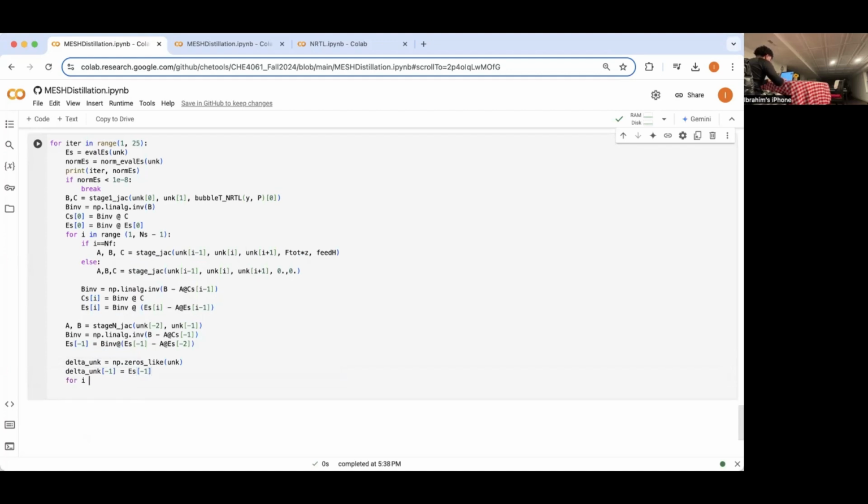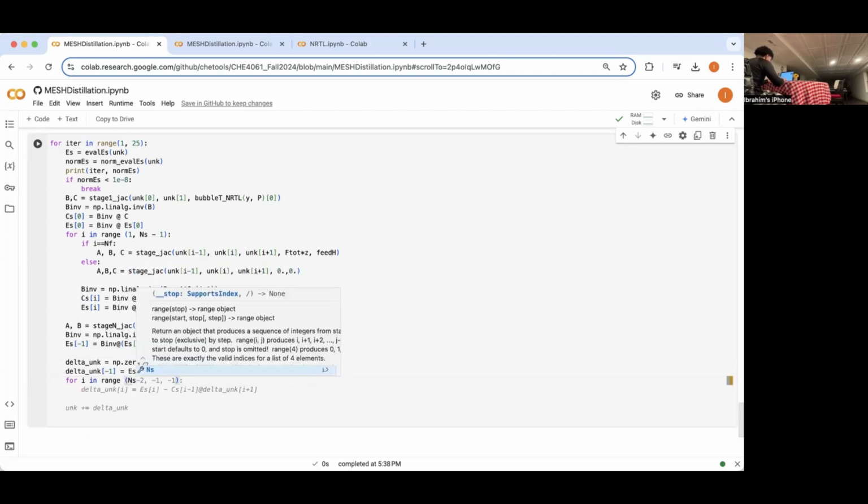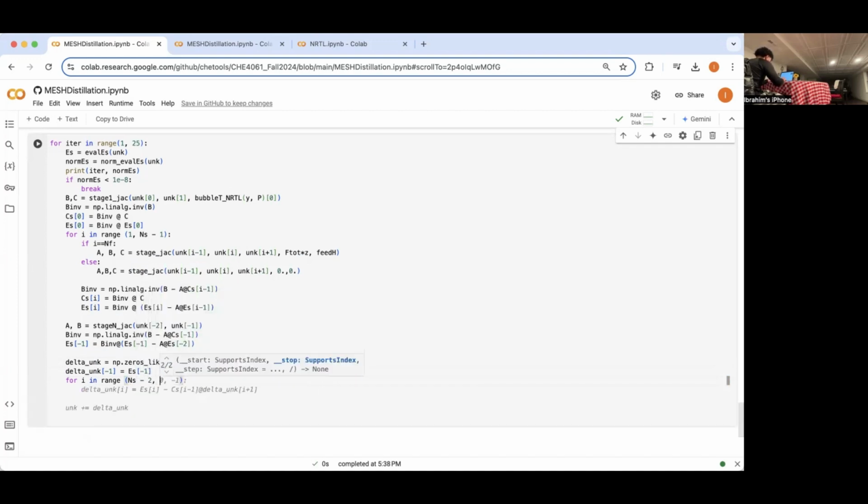And then go ahead and set a loop. So for i in range, our ns, number of stages, ns minus 2, and then ns minus 2, and then minus 1 and minus 1. Let's put a colon here.